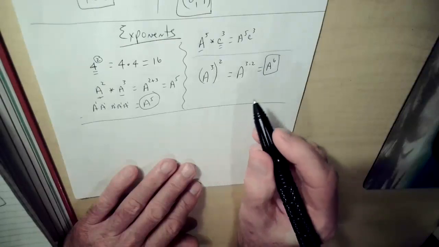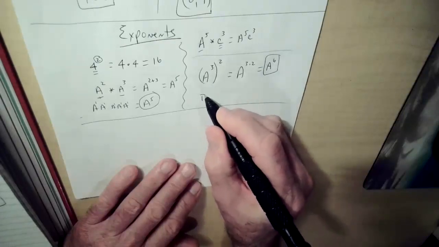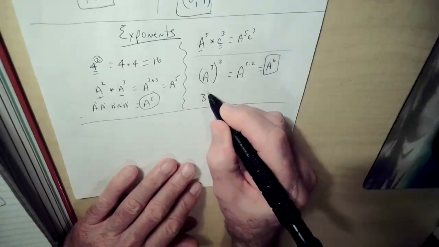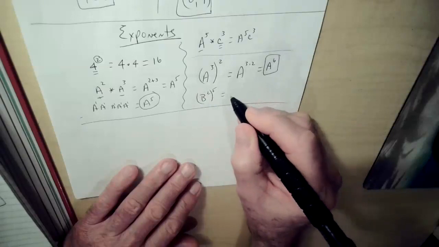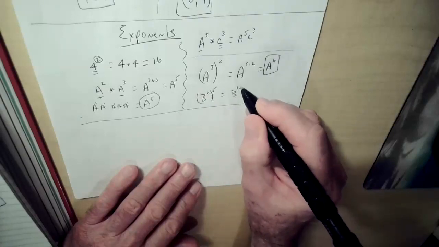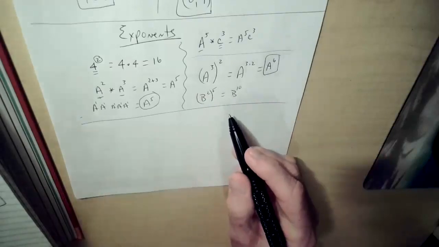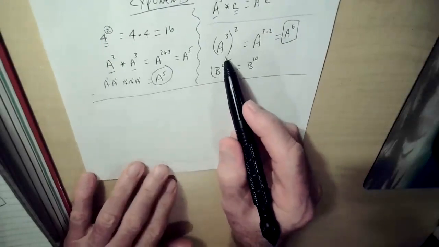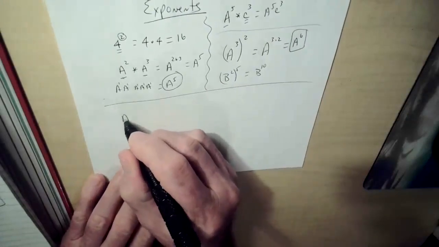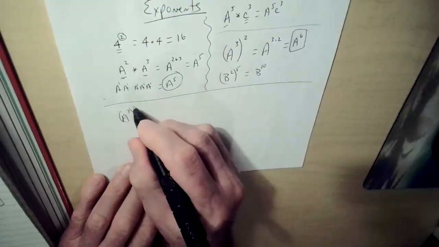So what is our rule here? If you have a power raised to a power, multiply the exponents. So if you have b squared raised to the 5th power, this is b to the 10th.